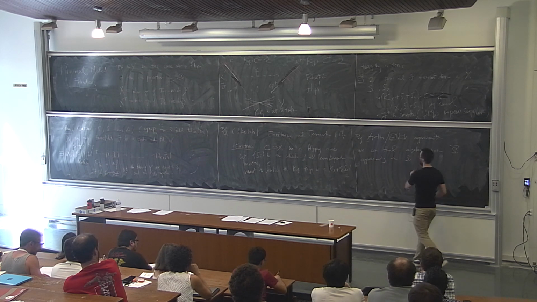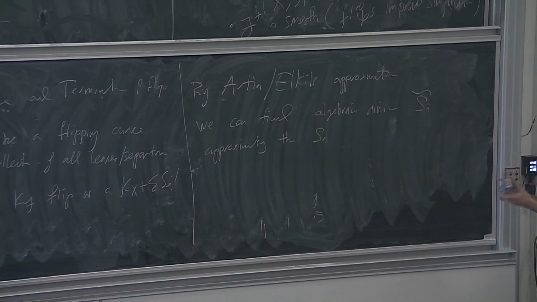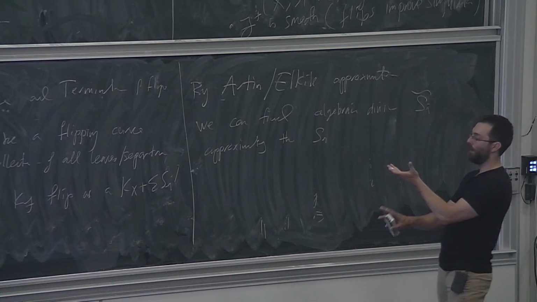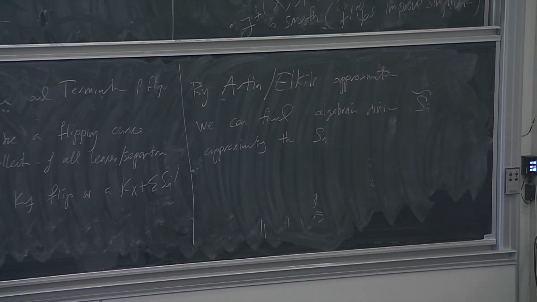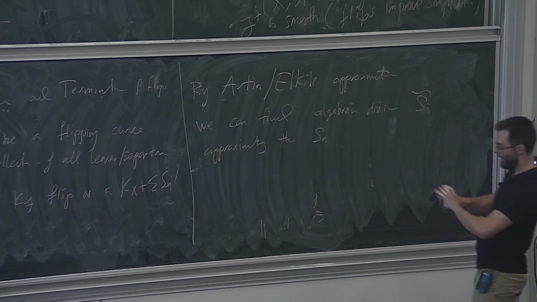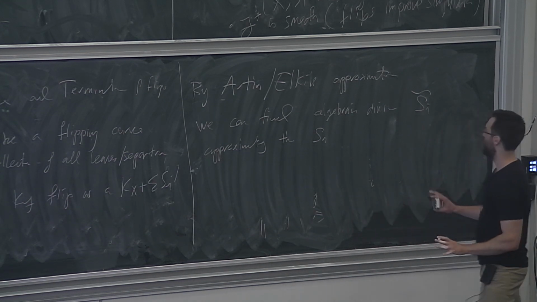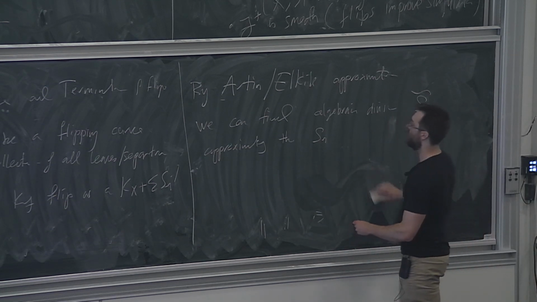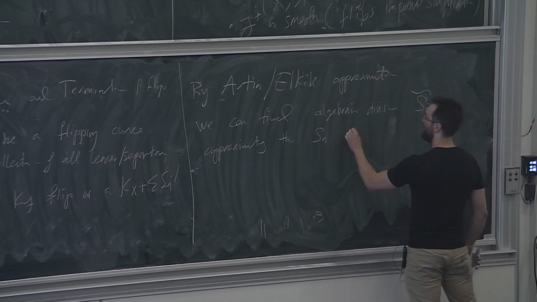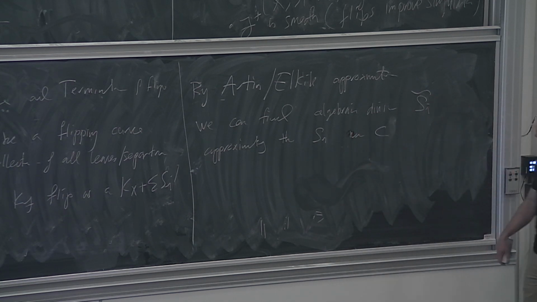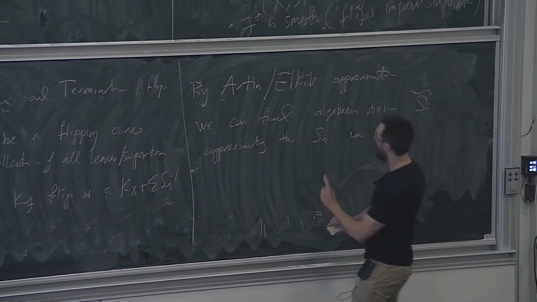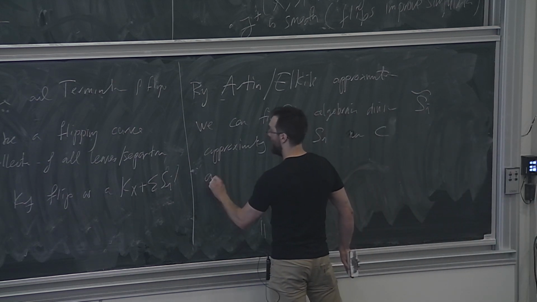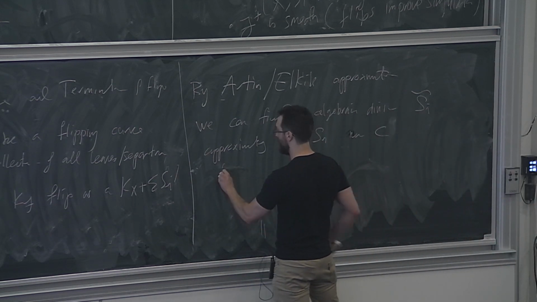There's a slight subtlety here that we may have to pass to some étale neighborhood of C. So maybe there's a bit of fiddliness here, but we can pretend that we can approximate the S_i near C by algebraic divisors. And now we can check two things.